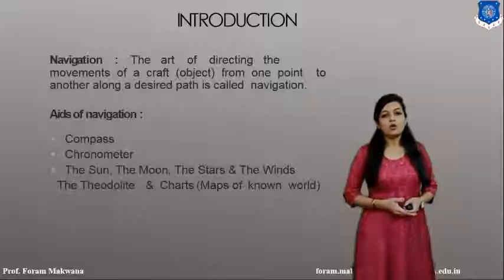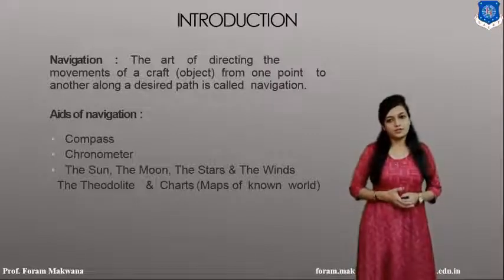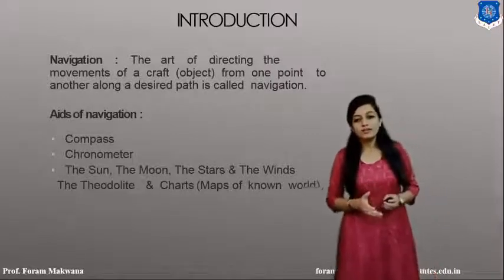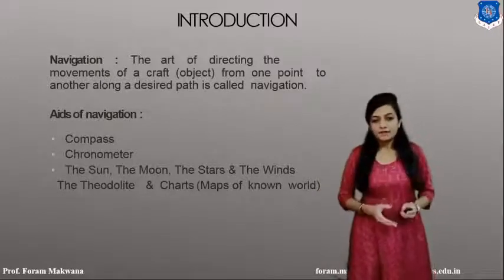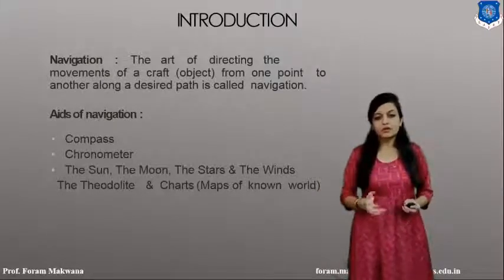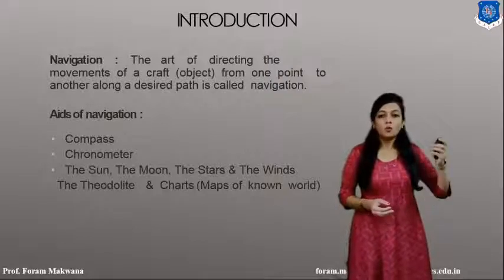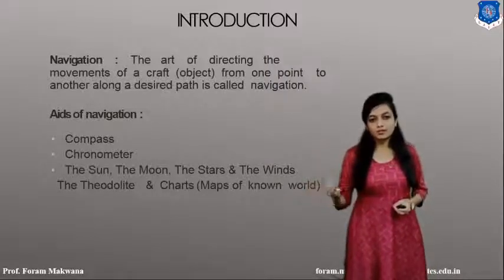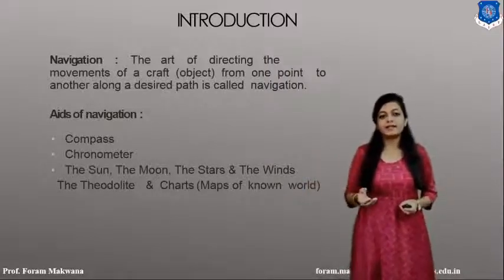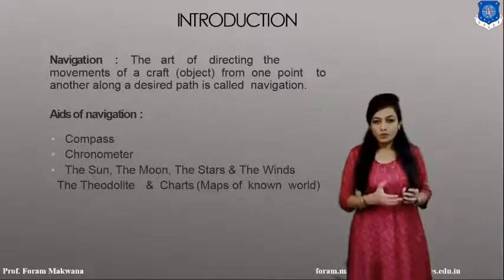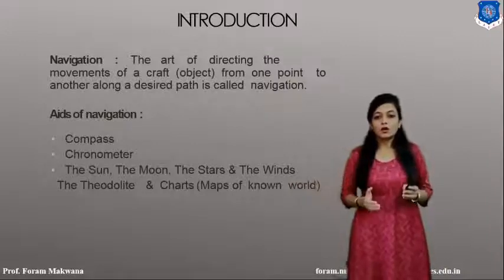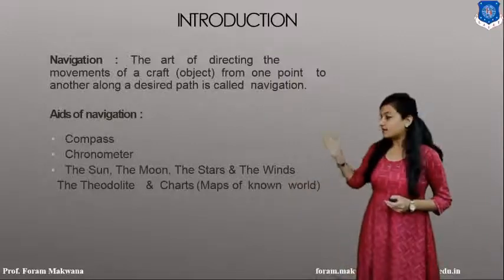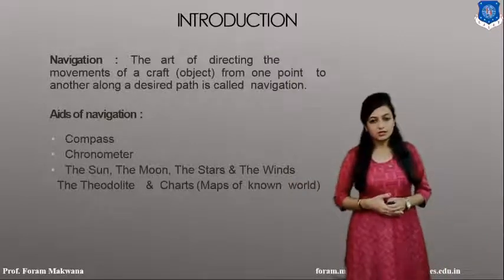Now, what is navigation? Navigation means we are going to direct an aircraft or spacecraft or submarine from one point to another point. So it is the art of directing the movement of an object from one point to another along the desired path, which is called navigation, right?